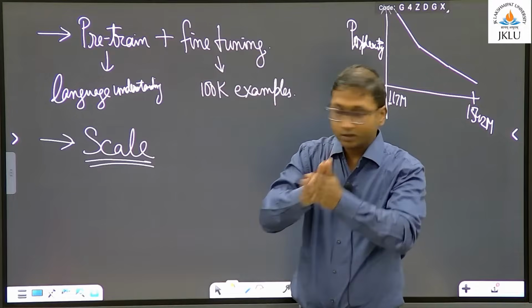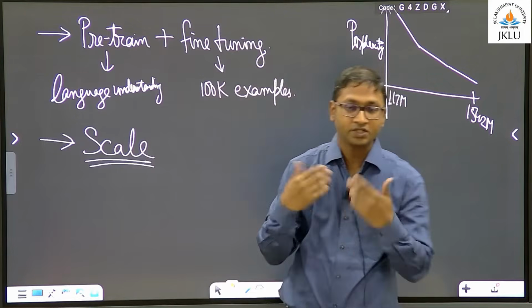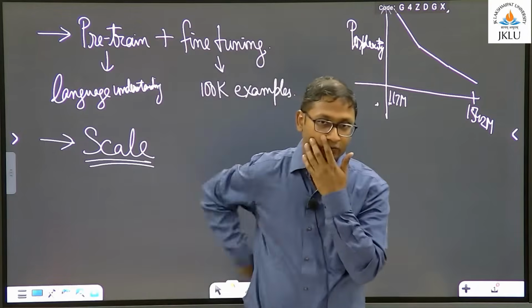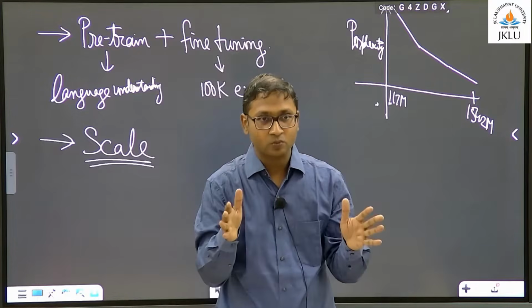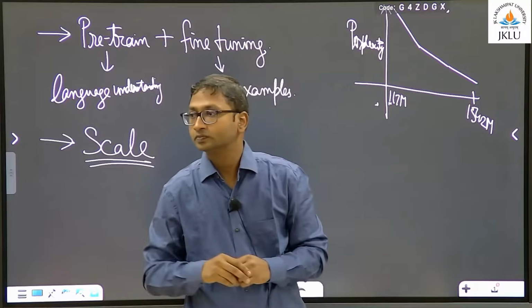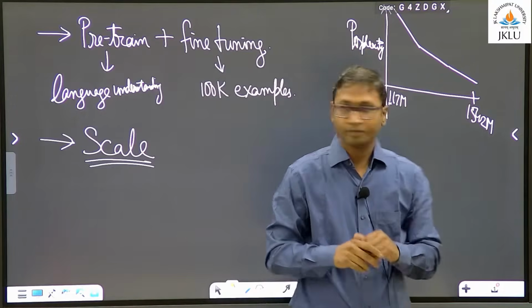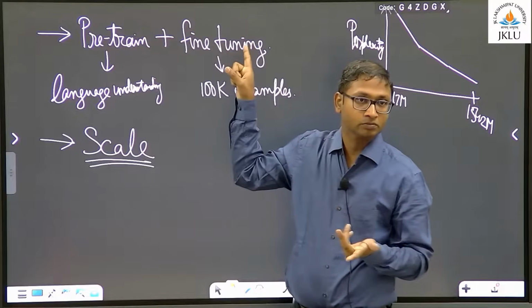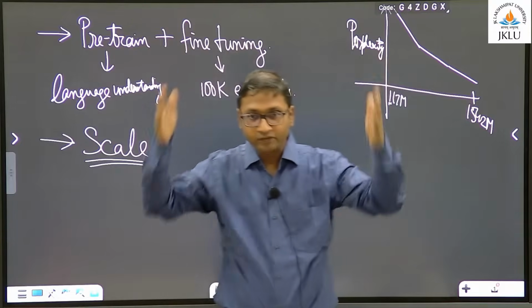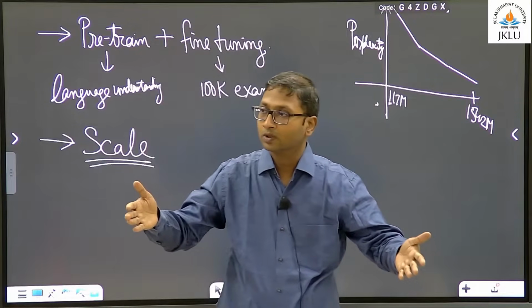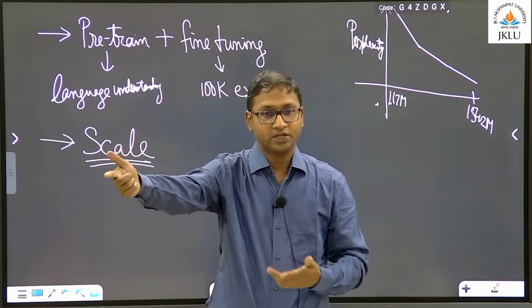If your model size is small, which is the way to go? Yeah, that's the right question to ask. If your model size is small, which is the way to go? Pre-train and then fine tune, because your model does not have the capacity to become task agnostic.